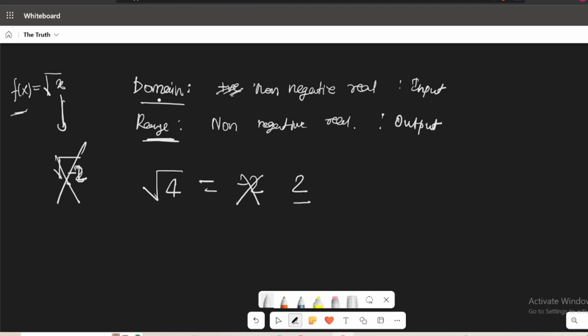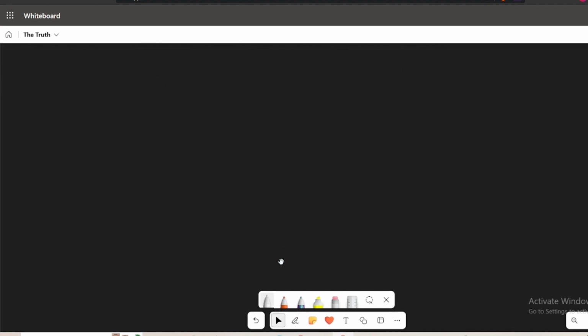So you cannot take a negative number in the under root function, and also you will not get any negative number as the output. So now coming to our thing that we have considered. You might be clear that under root of 4 is 2, not minus 2.